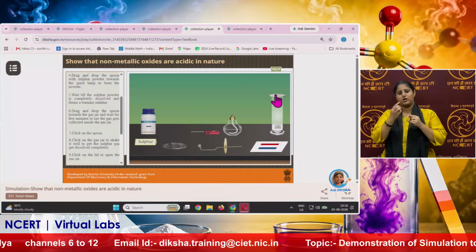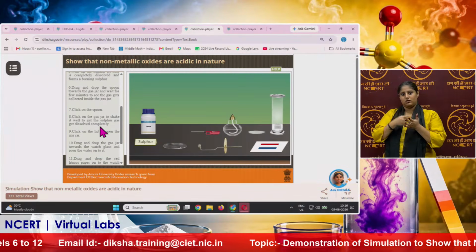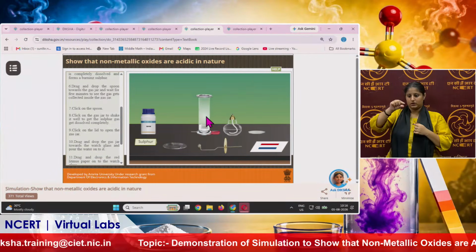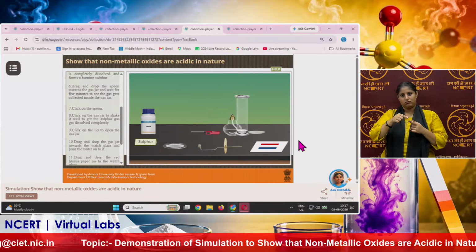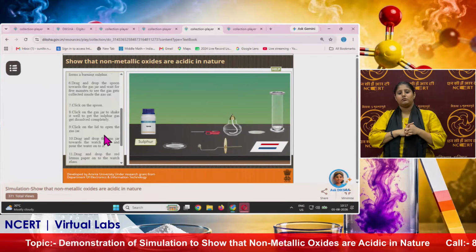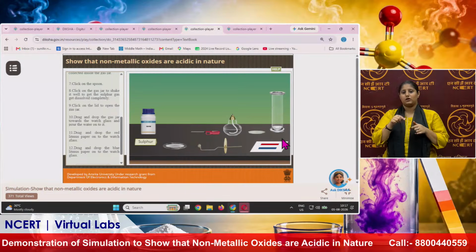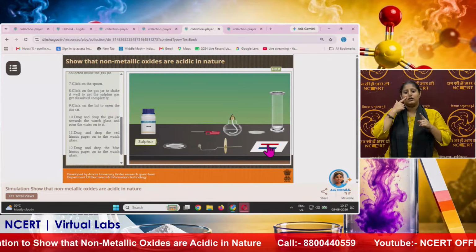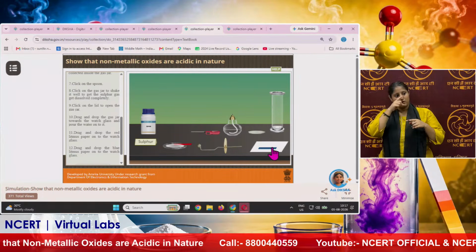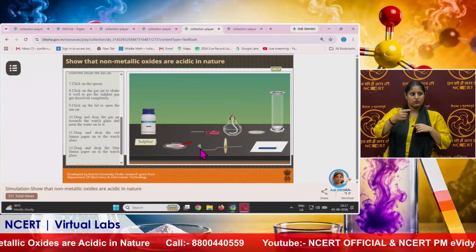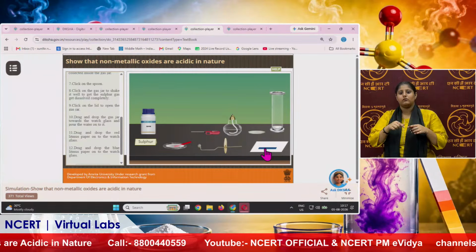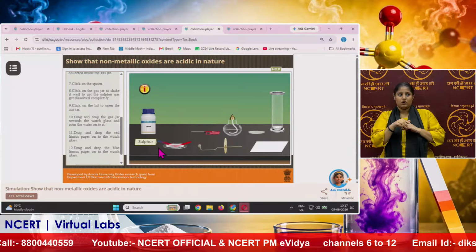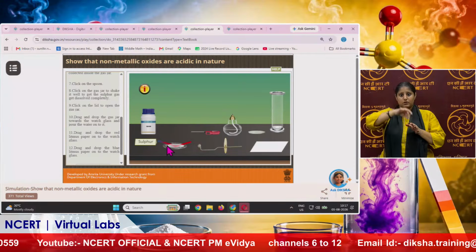Now click on this lid to open the gas jar. Now drag and drop this gas jar towards the watch glass. Now we have the gas here. Now we move the litmus papers, blue and red, towards this watch glass, and we can see that the red litmus paper does not show any change, whereas on dipping the blue litmus paper it changes to red.